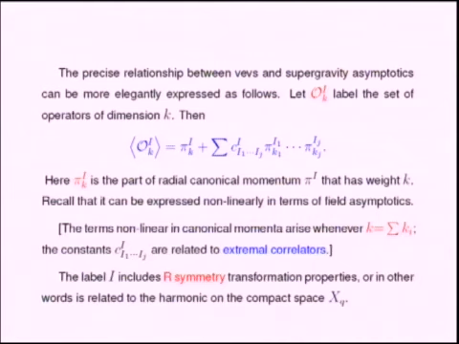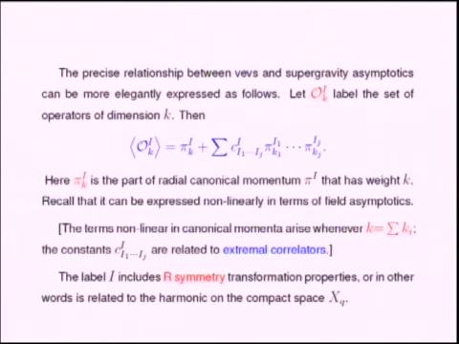Let O be the set of operators of dimension k, with I as a degeneracy label. Then essentially the formulae are just expressed neatly in terms of the radial canonical momenta. For most cases, that's just it: there's one term. The pi is expressed nonlinearly in terms of the field asymptotics, but you know how to build the pi because you need the thing that scales properly.